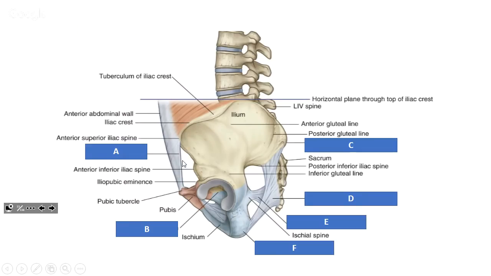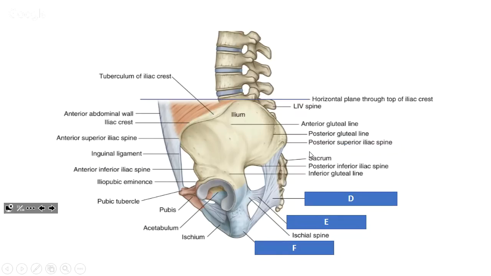Next, what's A? So you're looking at the lateral view of the pelvis here. So it's the inguinal ligament. B, what's B? Yeah, it's what we call the acetabulum. So it's like a cup that contains the hip joint here. C? Yeah, that's right, pubis.